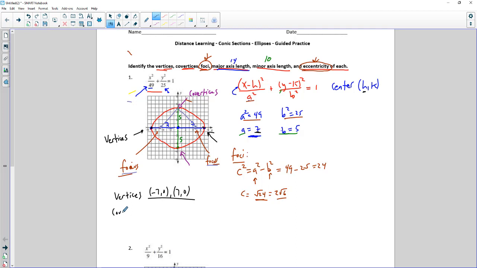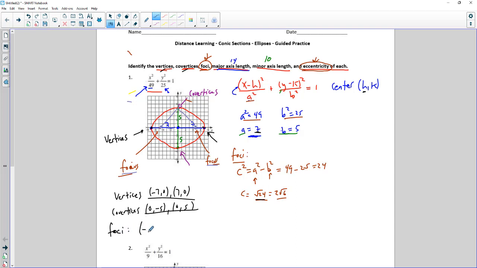The co-vertices, we're going to go 5 up and 5 down from center, so this is going to be 0, -5, and 0, 5. Okay, so we got those down. Vertices, co-vertices. The foci, we're just adding and subtracting root 24 from the center on the x only because it's on the major axis.